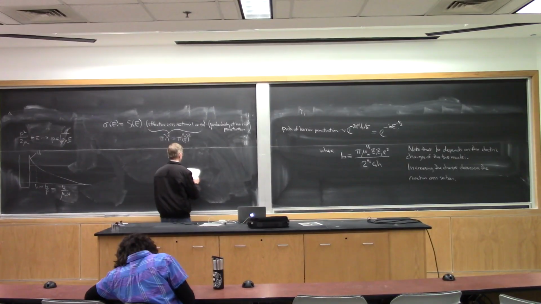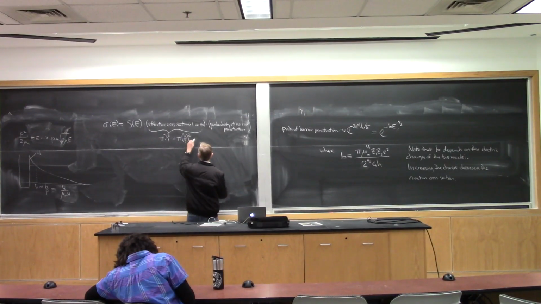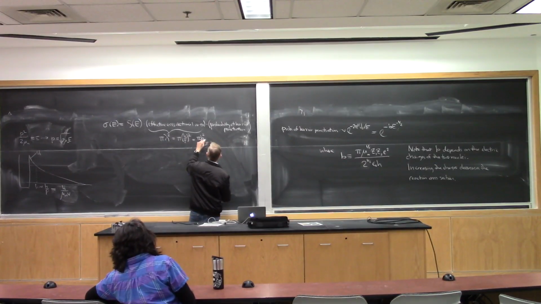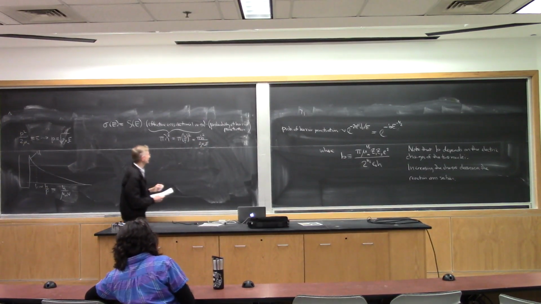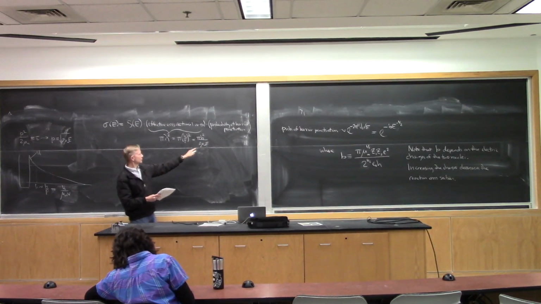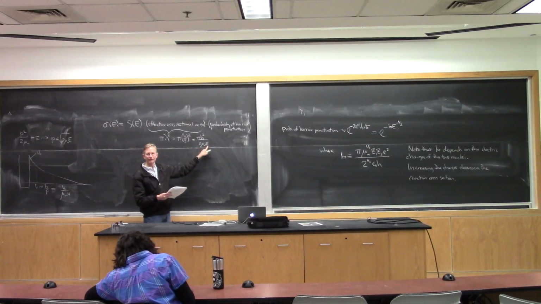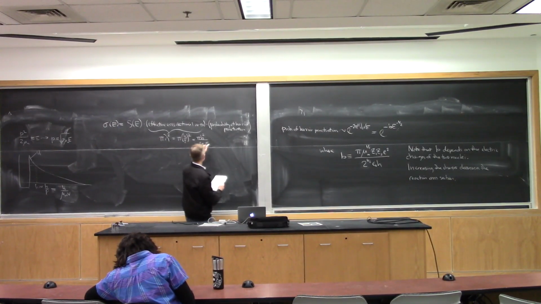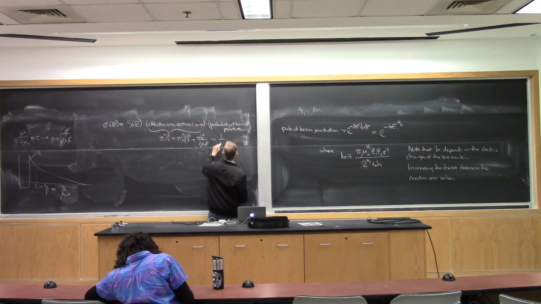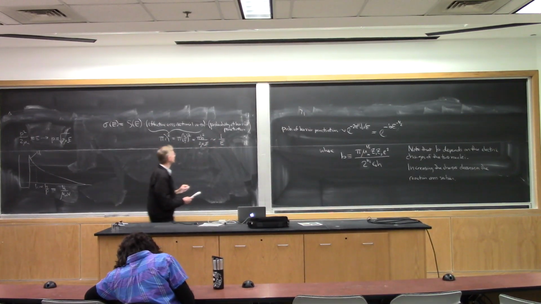And we had argued that this then was equal to pi h squared over 2 mu m e, putting the fact that p squared is equal to 2 mu m e in there, so that this looks like 1 over e.